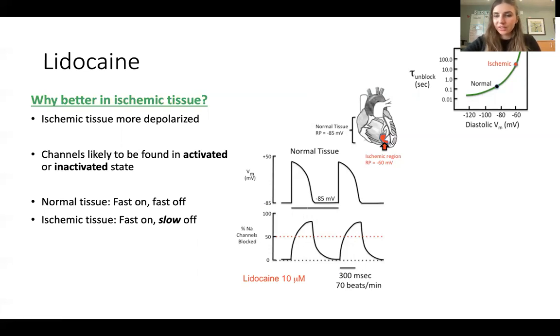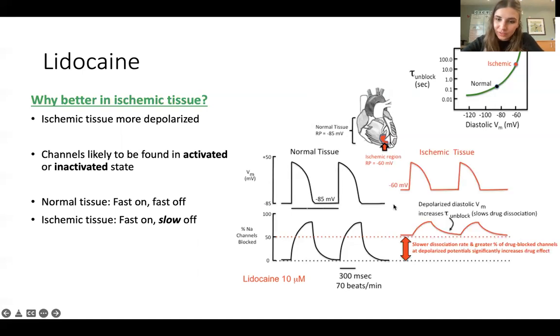However, in the setting of ischemia, your cells actually become more depolarized. Instead of sitting at negative 90 millivolts, now you sit at negative 60 millivolts. What that translates into is you can see how many sodium channels are now being blocked. You have more lidocaine staying on the channel because it's more depolarized, and you get that significant sodium channel blockade.